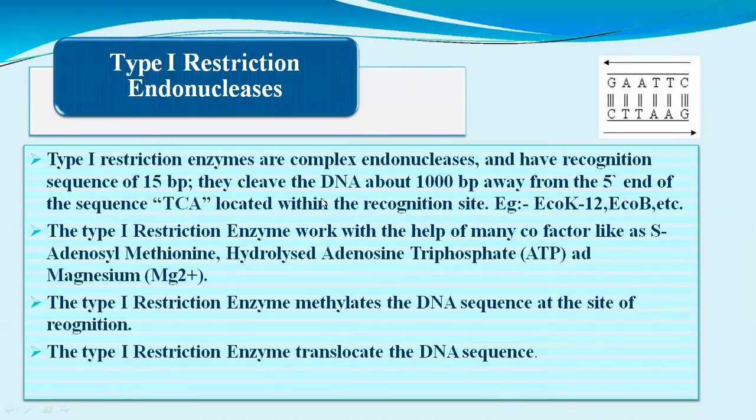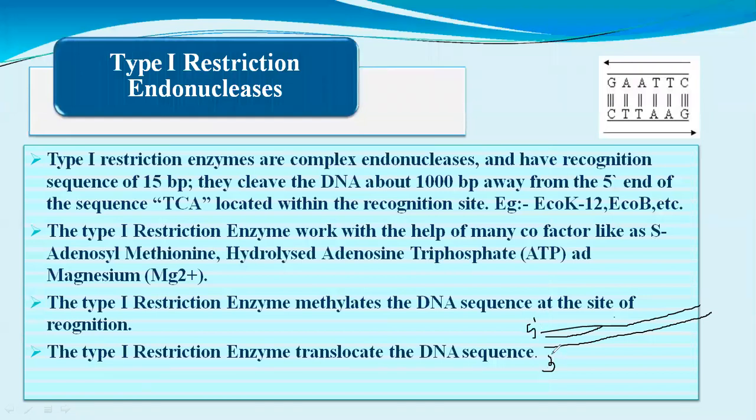If you have a DNA like this, it has lots and lots of nucleotides. This restriction enzyme can detect a sequence which will be 100 base pairs, that is 100 nucleotides, away from the 5' end of the DNA. This is the 5' end, and this will be the 3'.